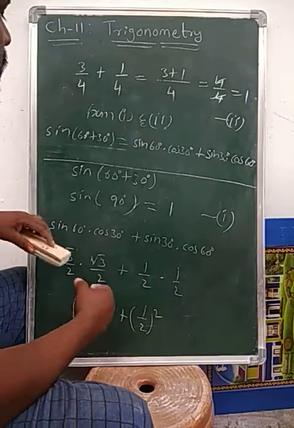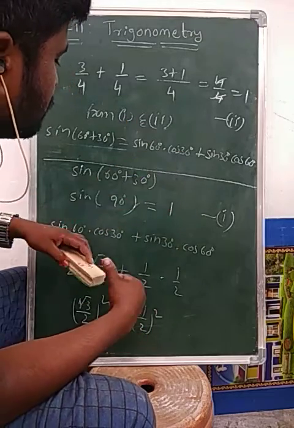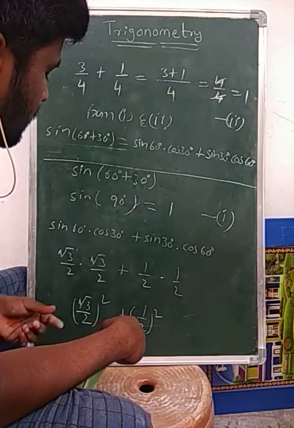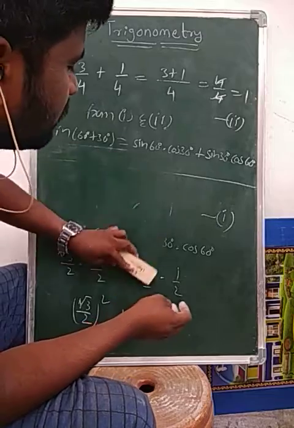Okay? So LHS is equals to RHS. I mean, equation 1 is equals to equation 2. Because sine of 60 plus 30, we get 1, and we get this part also, the answer is 1. So we have a formula now.